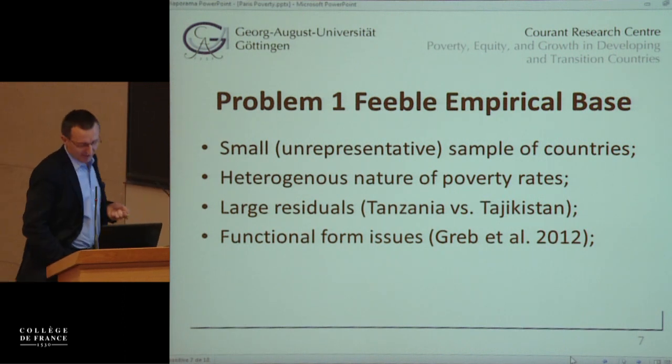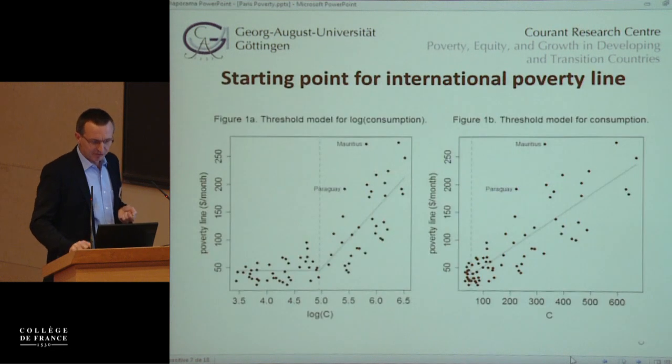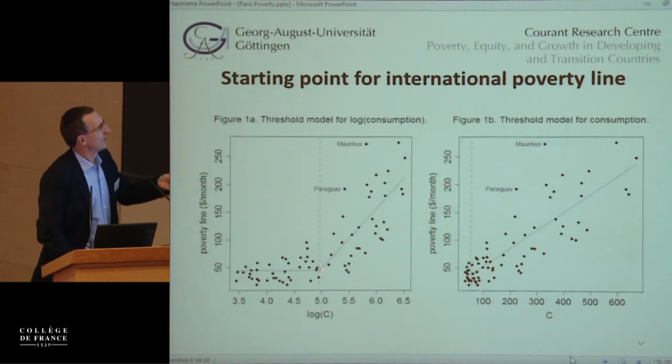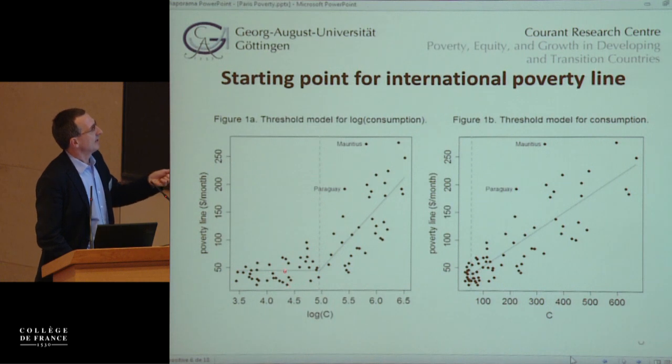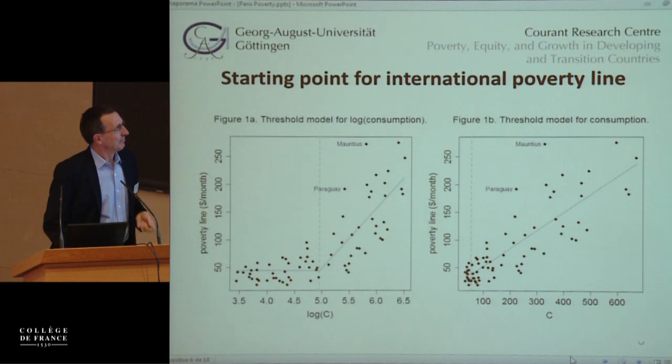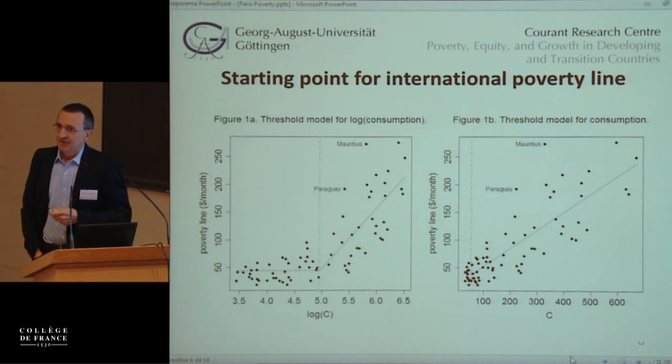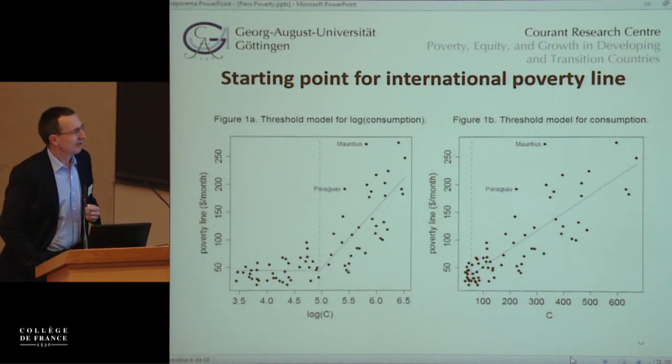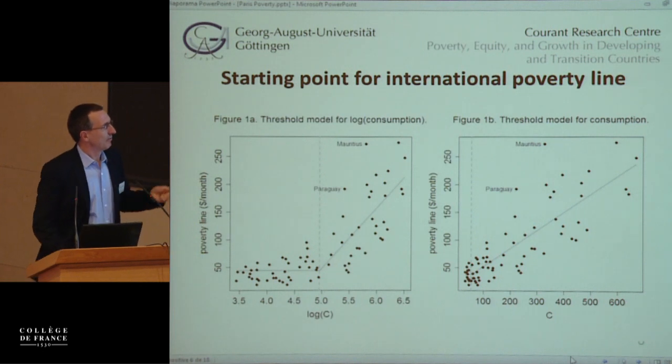The third one is that there are large residuals. So here is, I think, Tanzania, and here is Tajikistan. If we apply their own poverty lines, the poverty line in Tajikistan is actually much higher at the same level of income than it is in Tanzania.